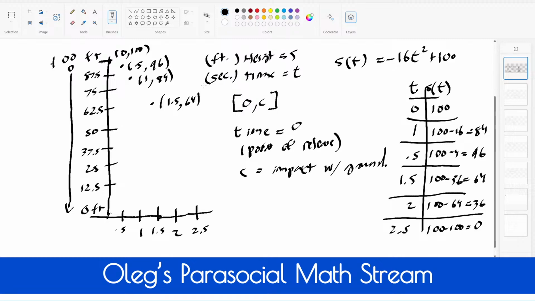And then 2 is 36. It's about, say, like here. So that's 2 and 36. And 2.5 is 0. So it's going to be 2.5, comma 0. So if we follow our curve, we are going to go like this.